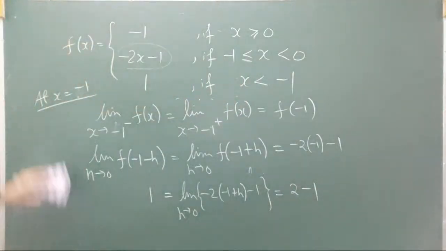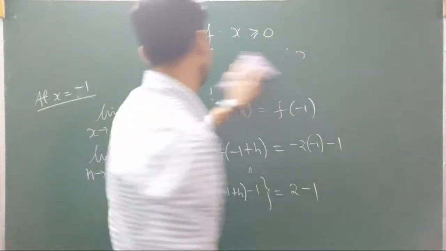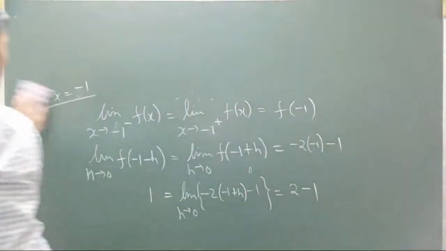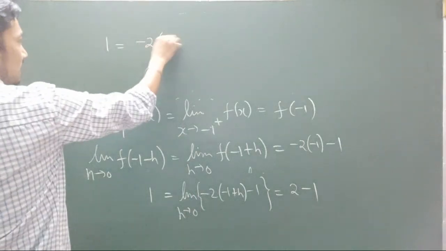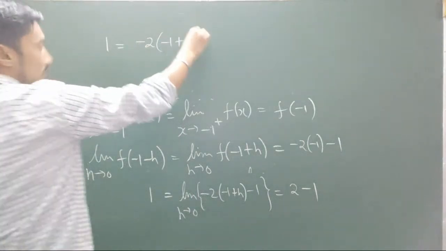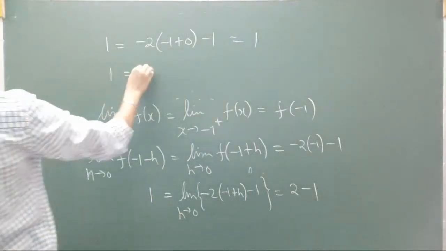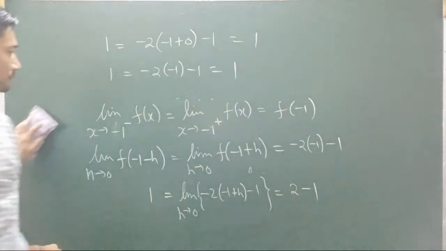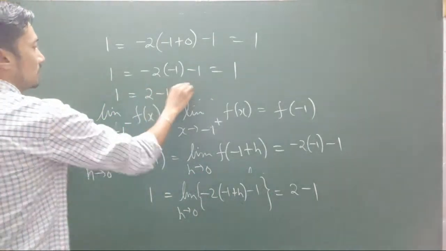Almost there. So I don't need this anymore. You can get out. So that's 1 is equal to minus 2 into minus 1 plus 0 minus 1. This is 1. So 1 equal to minus 2 into minus 1 minus 1 equal to 1. 1 equal to 2 minus 1 equal to 1.